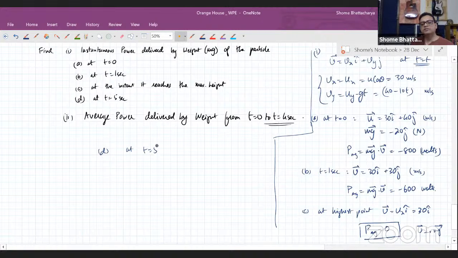At t equal to 5 seconds, the first thing you do is you find out how much the velocity is. And then you calculate the power by calculating this dot product with whatever velocity you get over here.